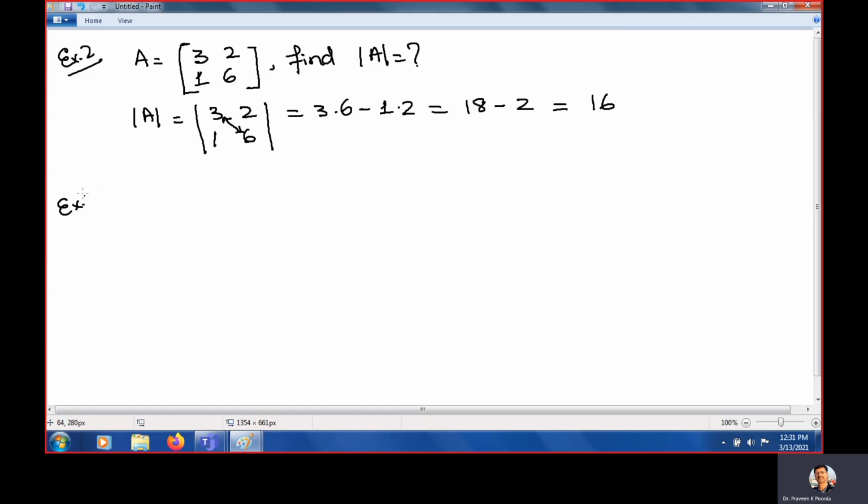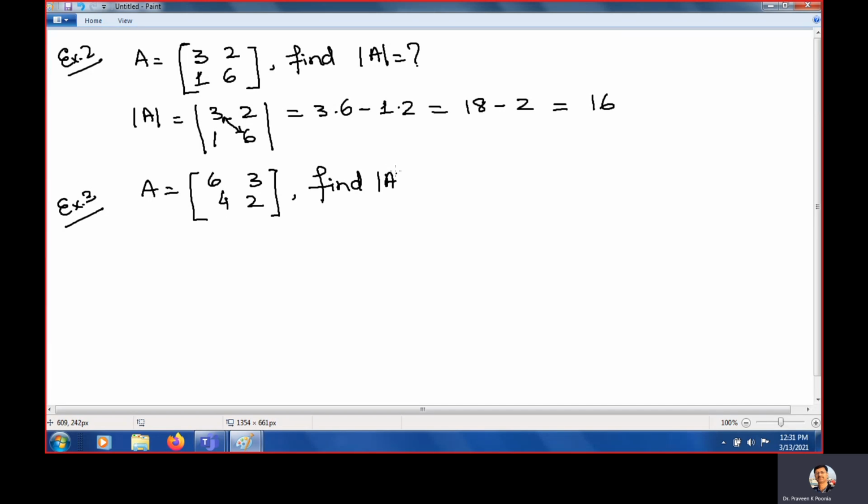Okay, let us choose example number 3. Let us take one example, A is equal to 6, 3, 4, 2. And what you need to do?